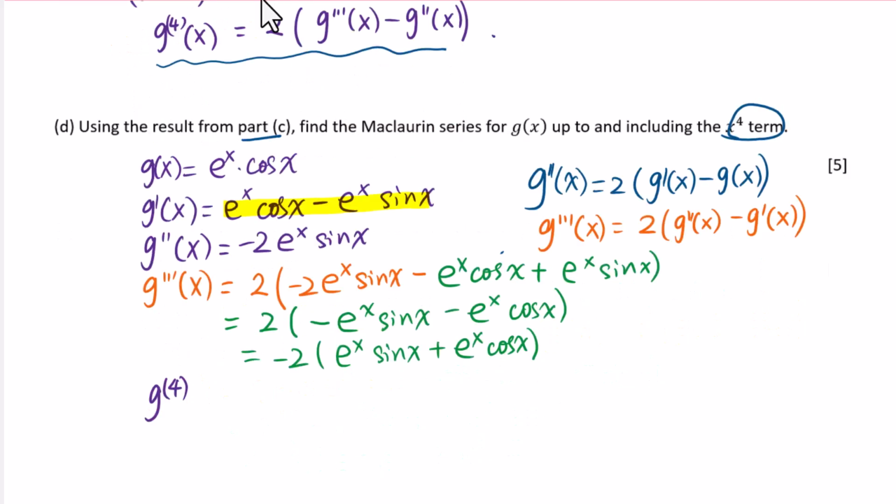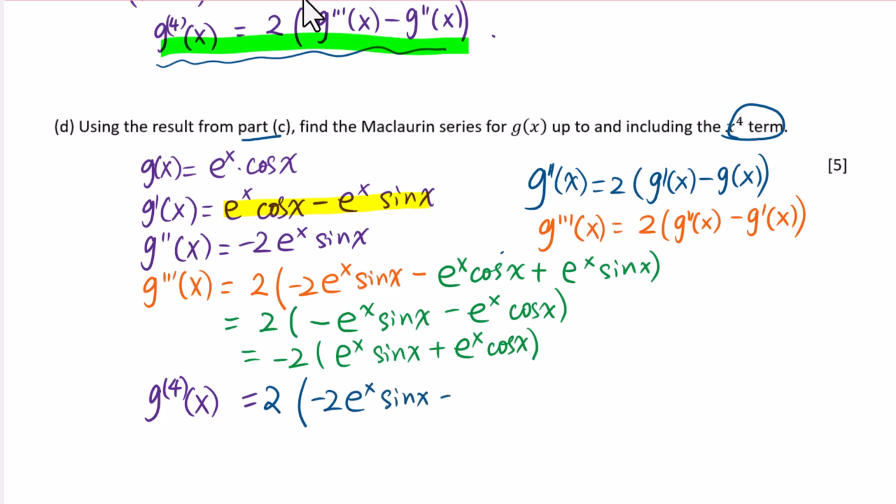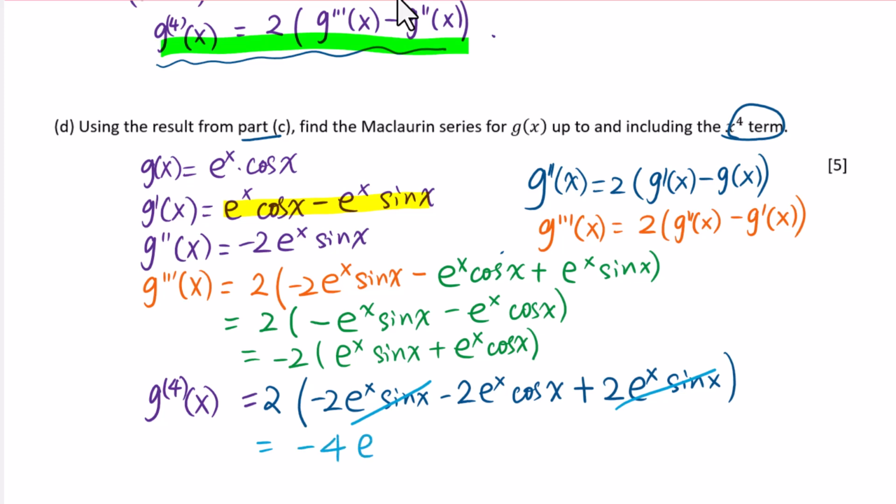The fourth derivative of g of x equals, use this formula, 2 times negative 2 e to the x power sine x minus 2 e to the x power cosine x minus g double prime of x, which is a plus 2 e to the x power sine x. Combine like terms. Final answer, negative 4 e to the x power cosine x.